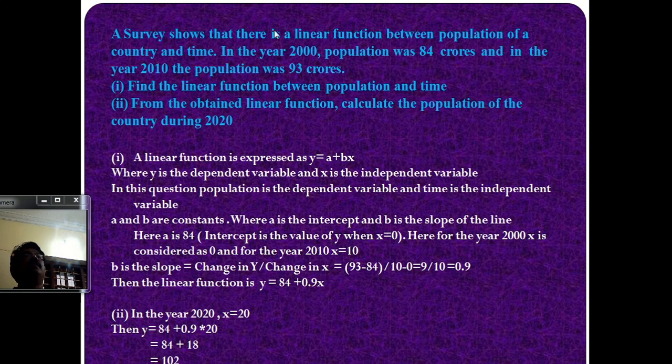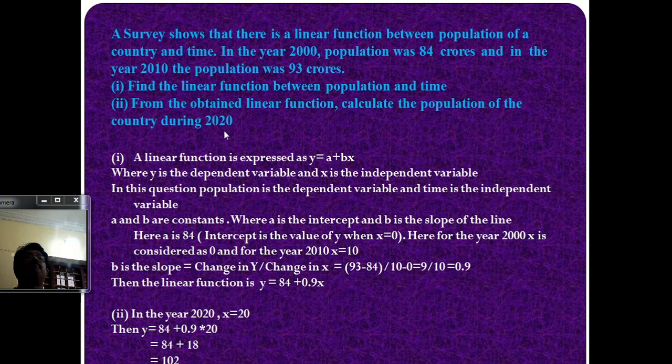They said that this is a linear function. So you will have to find out the function and represent the same with the help of a linear function. And second part is, from the obtained linear function, calculate the population of the country during 2020. Using that function, you will have to predict the population during 2020.